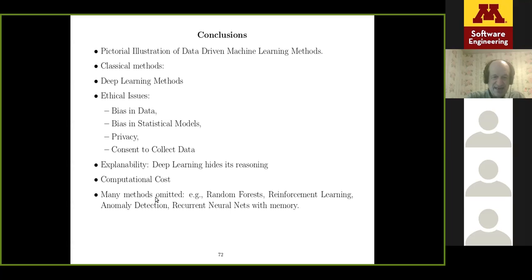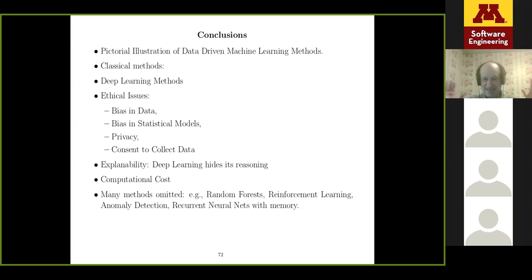And finally, there are lots of things I could say about other things that I haven't had a chance to talk about. All the methods that I've talked about are treating data as if they are elements in high dimensional Euclidean space, which is a fancy way of saying that each data sample is a vector of numbers, a long set of numbers.